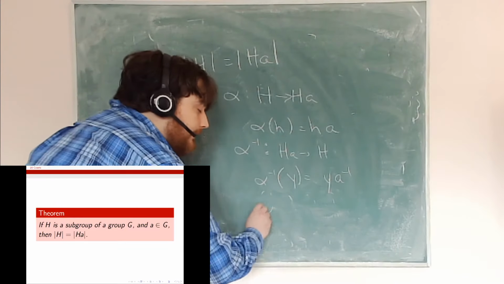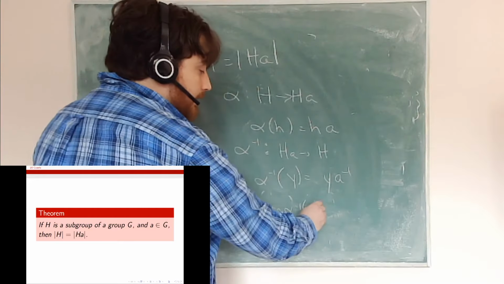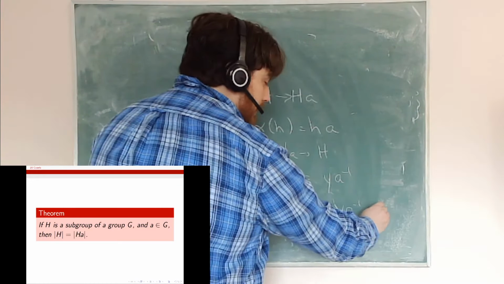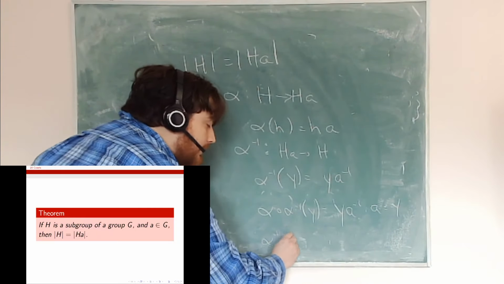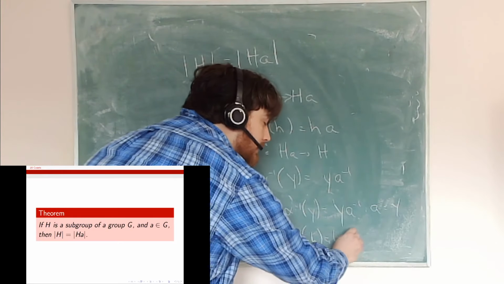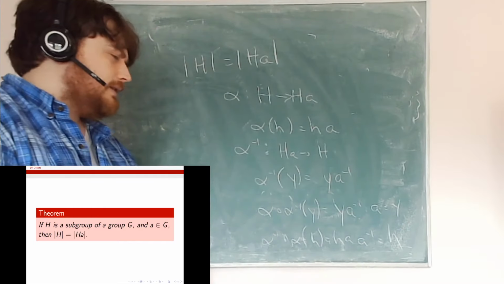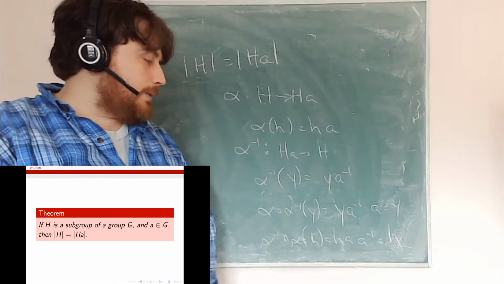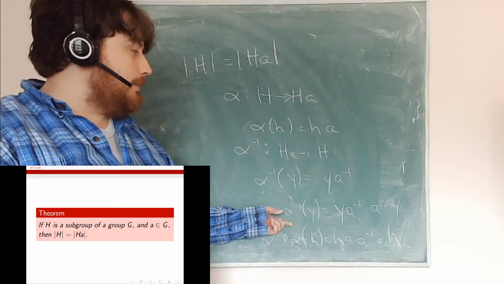But if I take alpha composed with alpha inverse of Y, let's say, what I get is Y times A inverse times A, which is just Y. And if I take alpha inverse of alpha of H, I get H times A times A inverse, which is just H. So in both cases, the compositions of these give me what I started with, so they end up being the identity mappings.